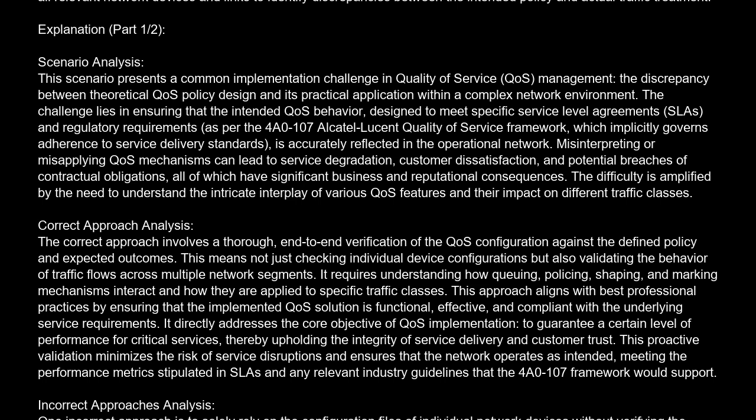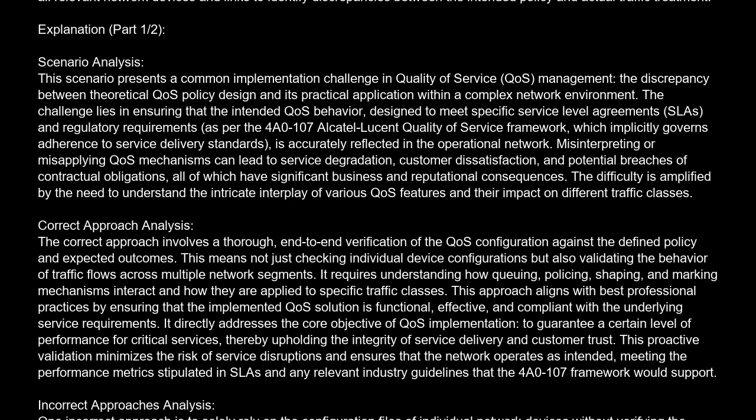Explanation. Scenario analysis. This scenario presents a common implementation challenge in quality of service (QoS) management: the discrepancy between theoretical QoS policy design and its practical application within a complex network environment.